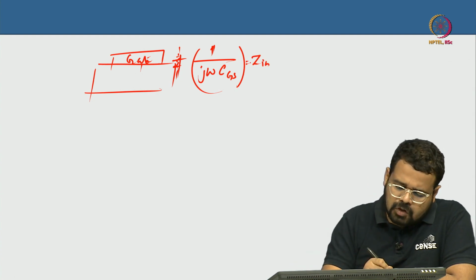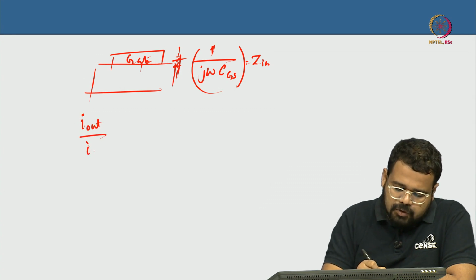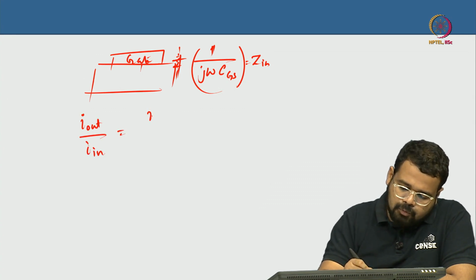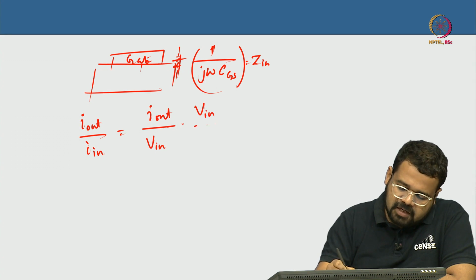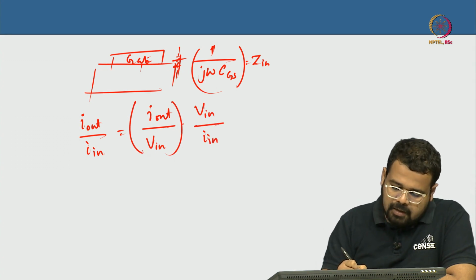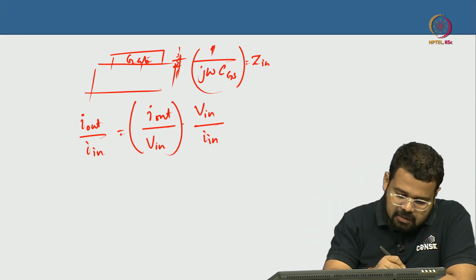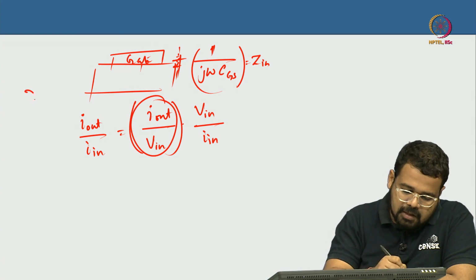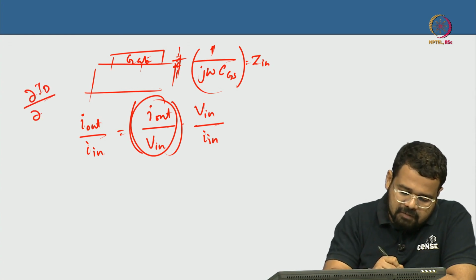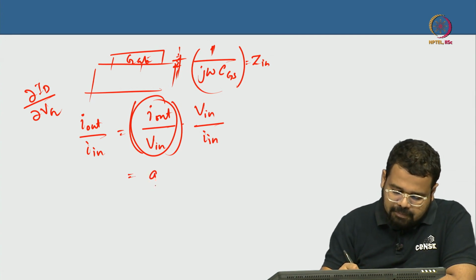Now what is current gain? Current gain is output current by input current. So I can say output current divided by input voltage, times input voltage divided by input current. The output current by input voltage is basically Gm.